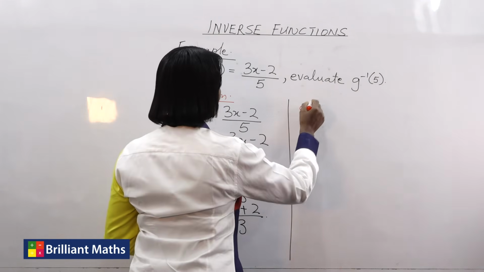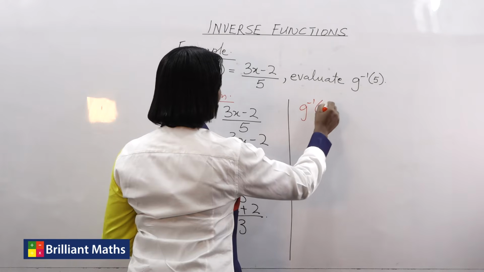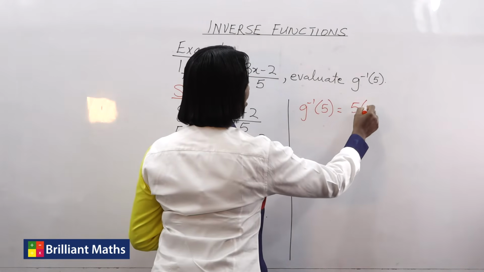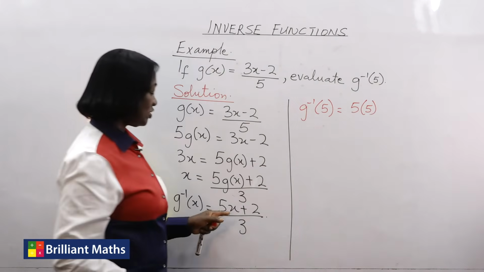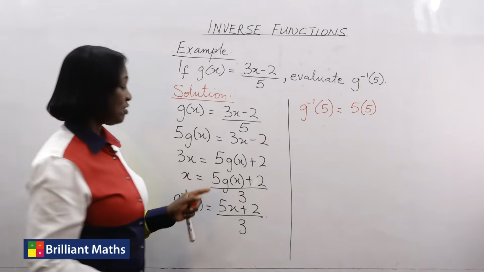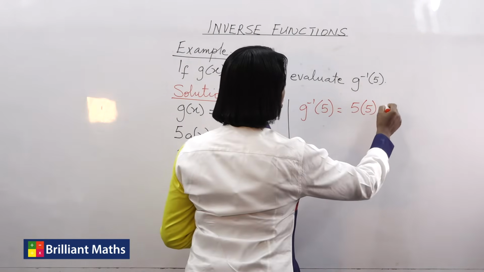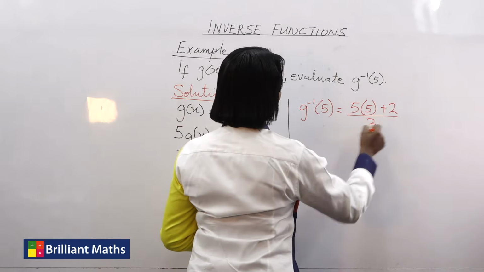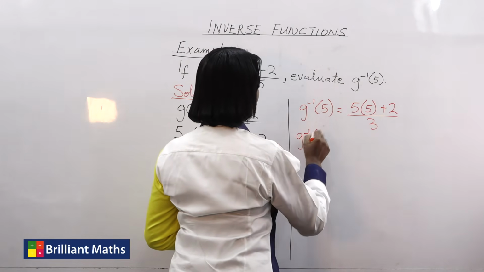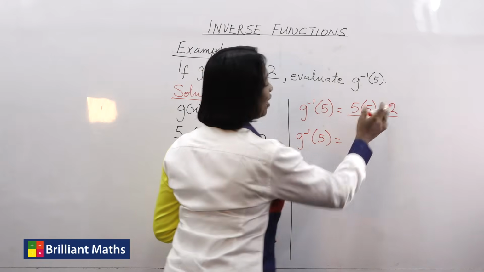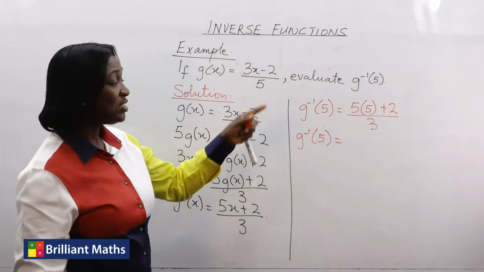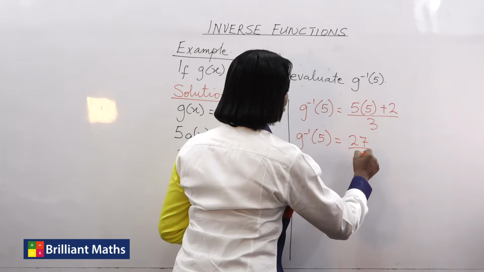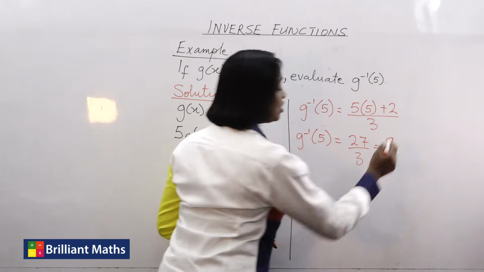So g inverse of 5 will be equal to 5 times 5, because the value of x is now 5. 5 times 5 plus 2 over 3. So g inverse of 5, 5 times 5 is 25. 25 plus 2 is 27. 27 over 3, which is equal to 9.